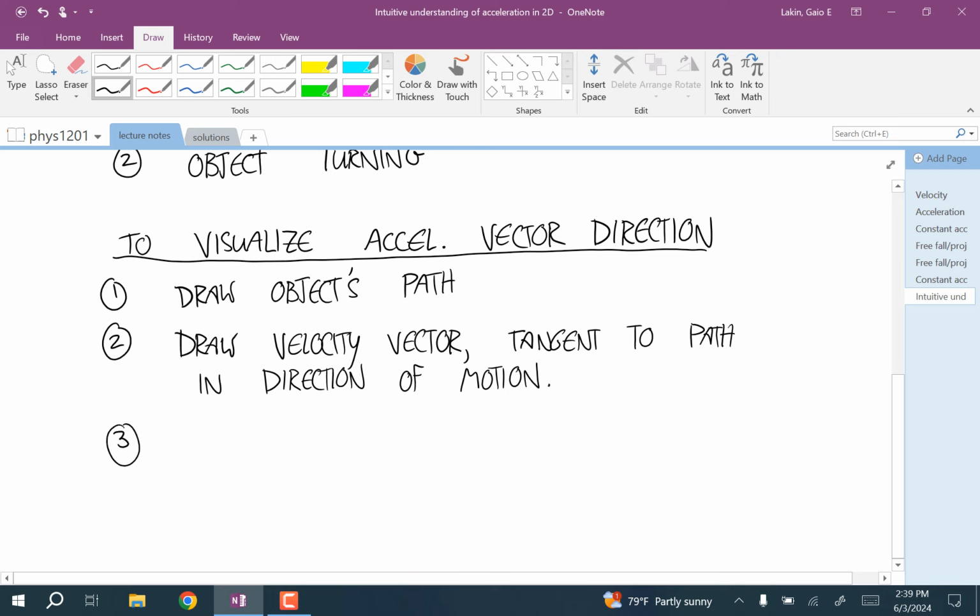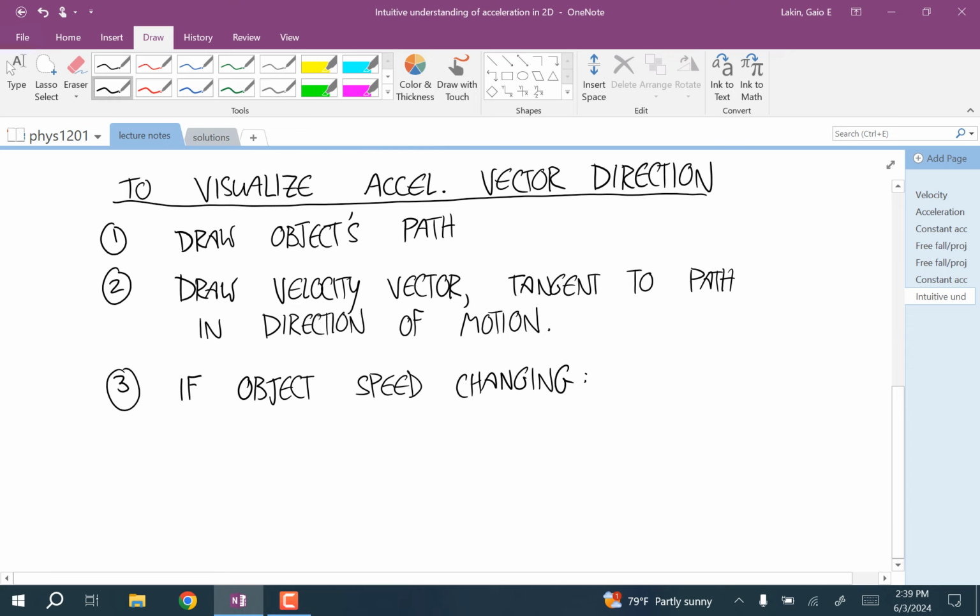So the third step is, if the object's speed is changing, then there's two possibilities. It can be speeding up, in other words, the speed is increasing.